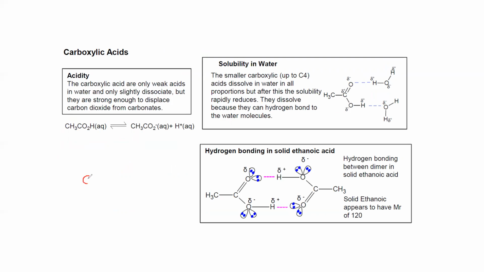The carboxylic group is C double bonded with O and OH, and that's known as a carboxylic acid. What is the tendency of acids?